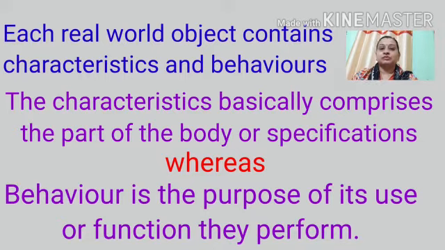So the parts of the body are known as the characteristic of the real world object, whereas the behavior, that means the work it does or the task it does, is called the behavior of the real world object.